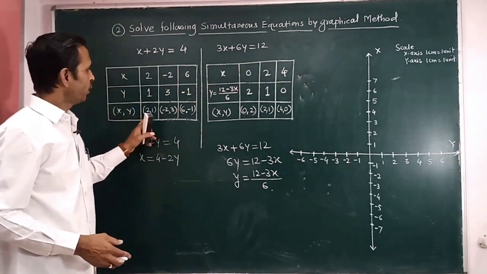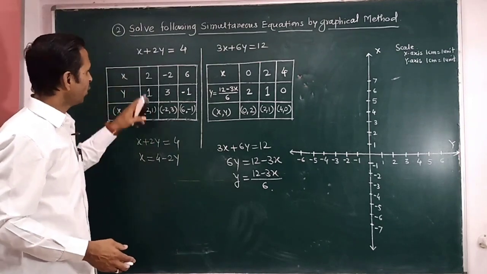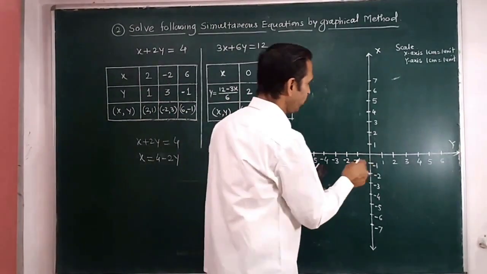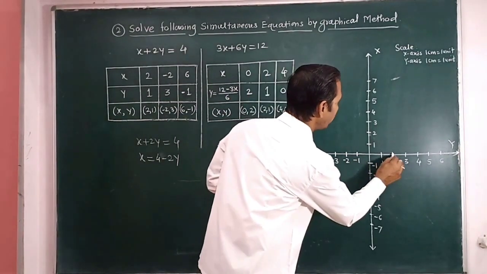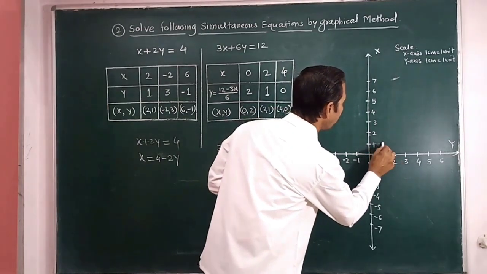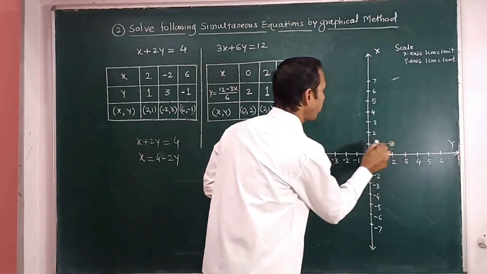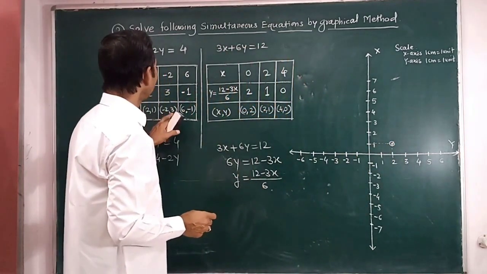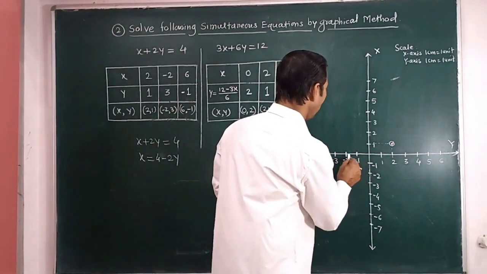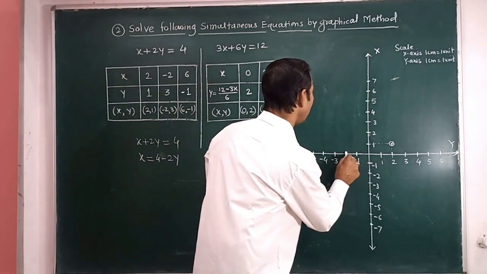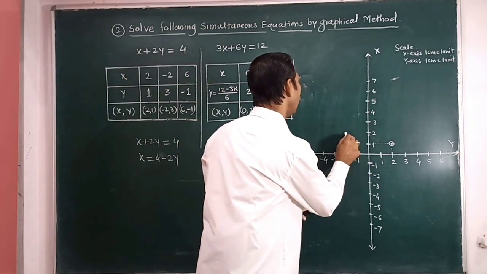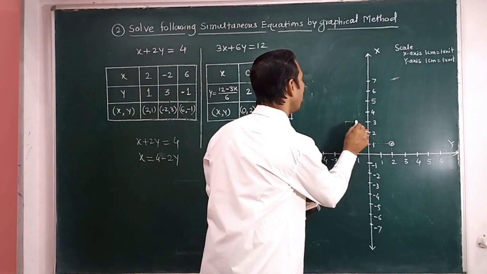Take one point for the first equation, (2, 1). This is the point (2, 1). The next point is (-2, 3); we plot this point like this.